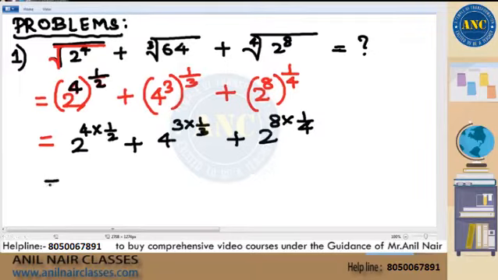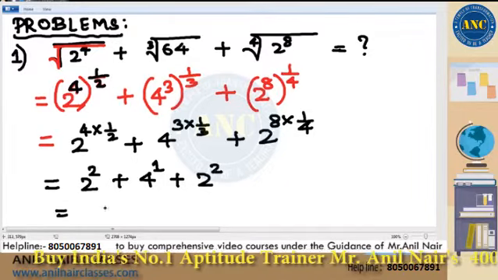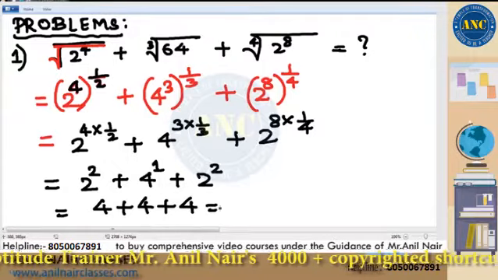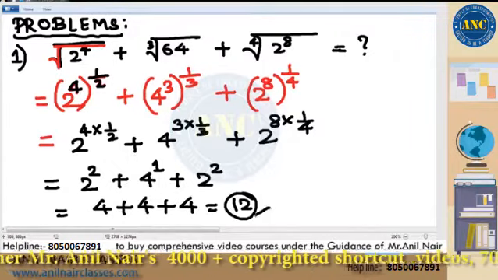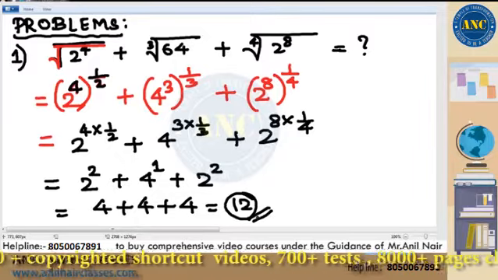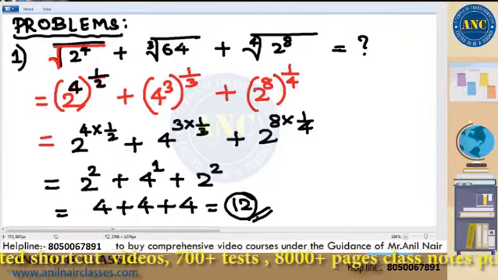So, in the power of the first term it is 4 into 1 by 2 is 2. 4 power 3 into 1 by 3 is 1, and 8 into 1 by 4 is 2, right? So, it is 2 square plus 4 power 1 plus 2 square. Answer for the first question is 12. An easy question to start with.